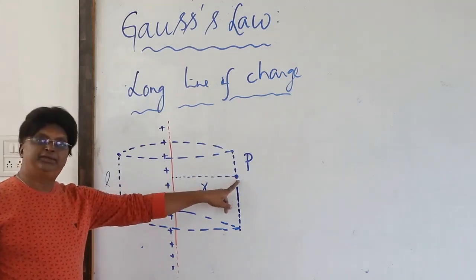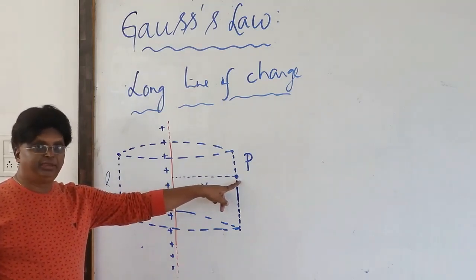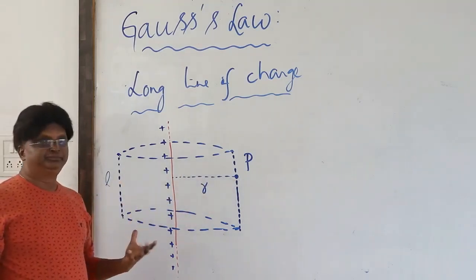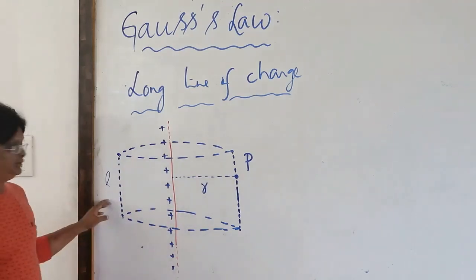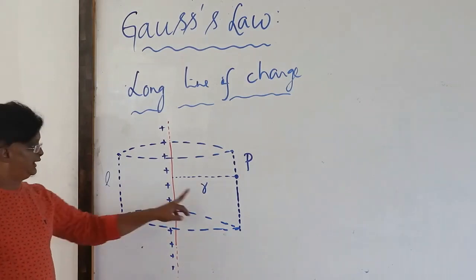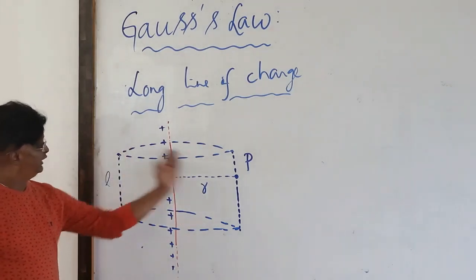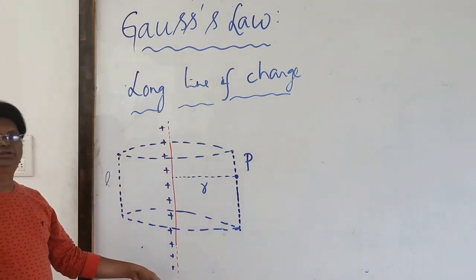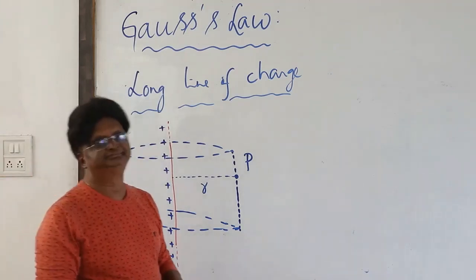To find the intensity at P, let us assume a Gaussian surface which is a cylinder of length L and radius R, enclosing the line of charge which is at the center. So this is the notes making.